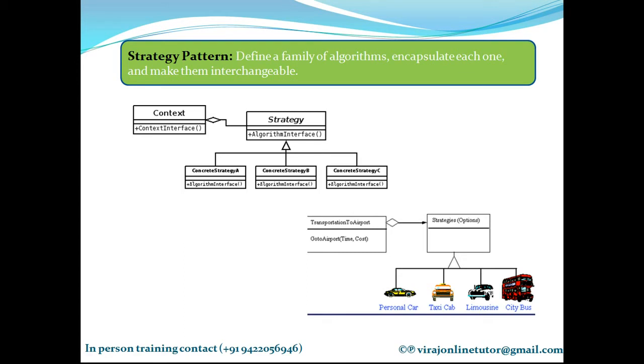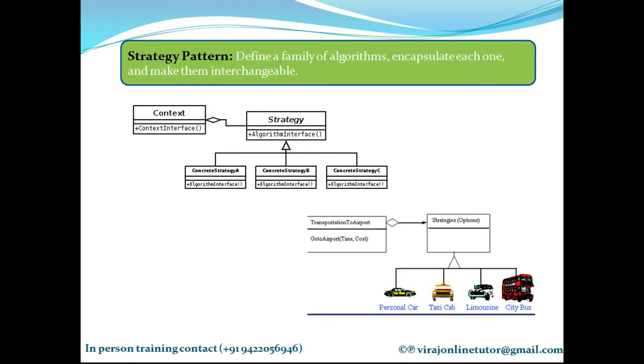So the definition of strategy pattern says, if you want to define a family of algorithms. Remember, in the introduction presentation of mine on design patterns, I had given a real life example that suppose you have 10 different sorting algorithms. You have an array, you have a list and you need to sort that list, but you have 10 different sorting algorithms.